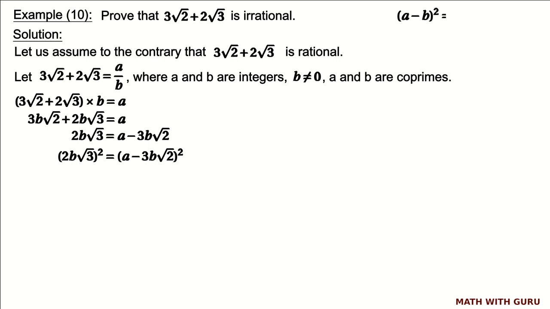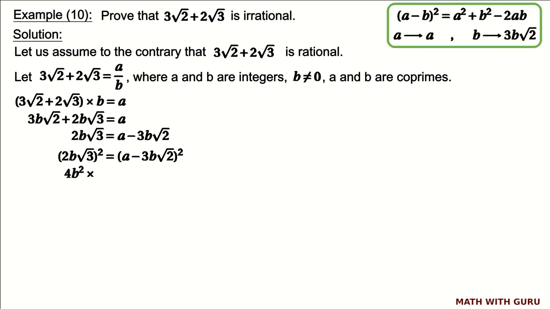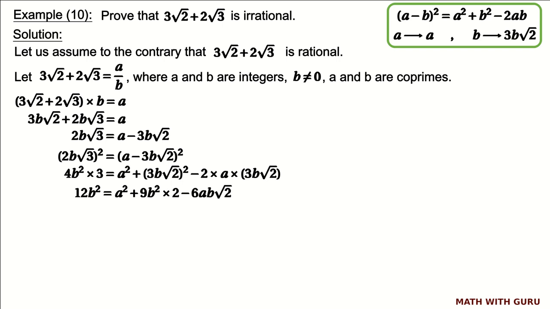Squaring both the sides, we get 4b squared. 2b into 2b is 4b squared. Root 3 into root 3 is 3, equals a squared plus (3b root 2) whole squared minus 2 into a into 3b root 2. 12b squared equals a squared plus 3b into 3b is 9b squared.